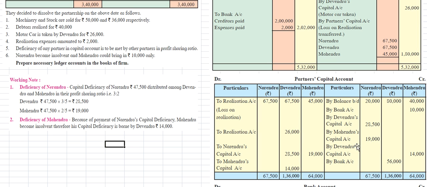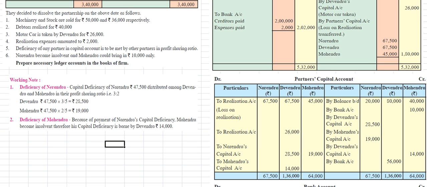So next is by Devendra's capital account, here it is 67,500 rupees. And by bank account, this amount will be 28,500 rupees, and 19,000 rupees is coming here to Narendra's capital account, that is 28,500 plus 19,000 rupees. So the total of this side is 45,000 plus 19,000, that is 64,000 rupees, and here it is 67,500 rupees. We need to find what is the Mahendra's capital account.